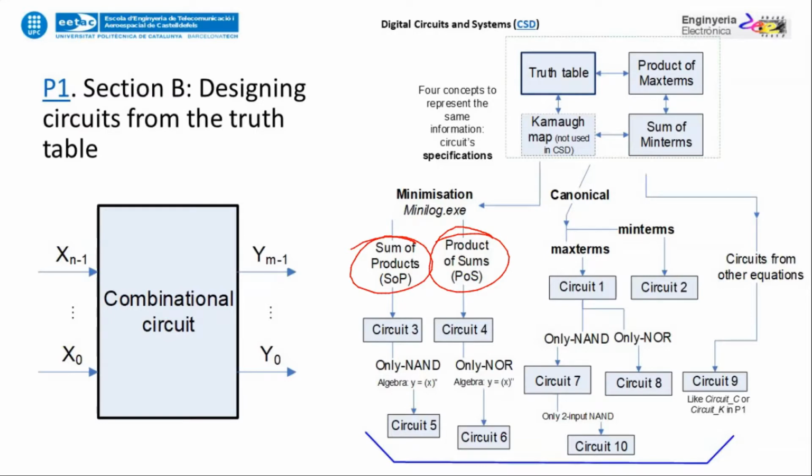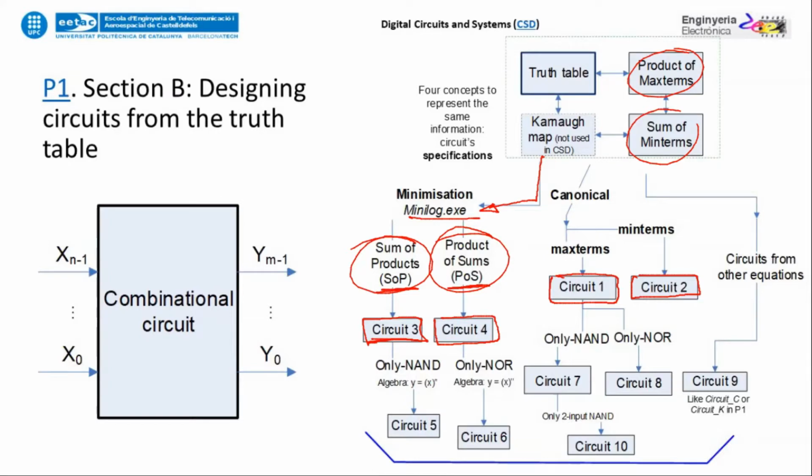And if we have two more equations, we have indeed two more circuits, circuit 3 and circuit 4. So those 4 circuits are almost immediate. Two of them require nothing but drawing the equation, and the other 2 are obtained using this application.